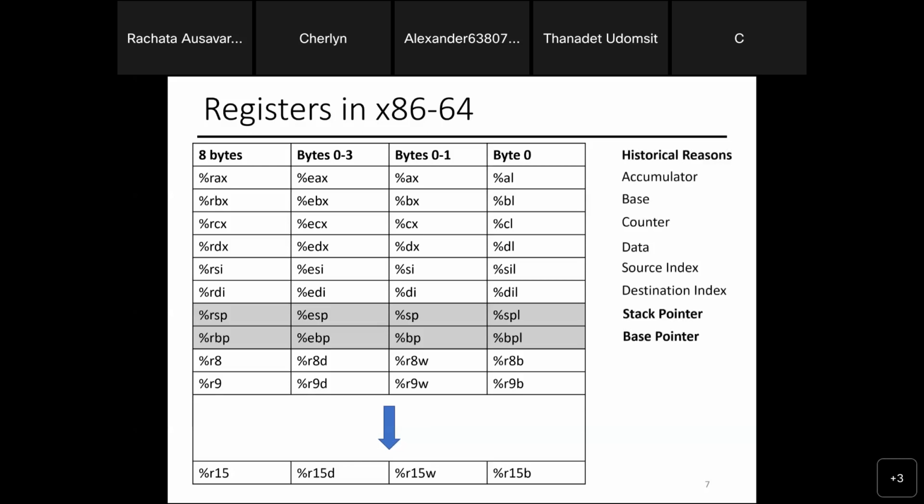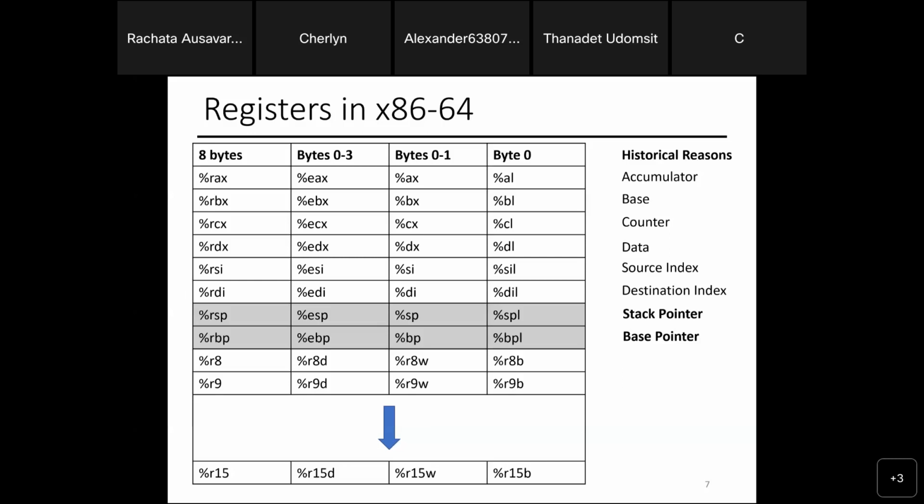For historical reasons, we would use RAX when you need to accumulate things. When we want to do sum equals sum plus x, sum will be in EAX or RAX. The base register is typically used with pointer values, for example the base of your array. These allow you to start from here and access a bunch of memory locations.